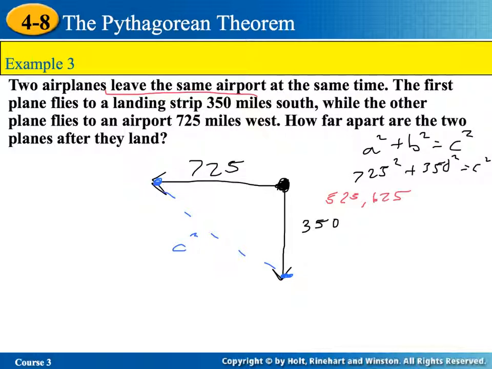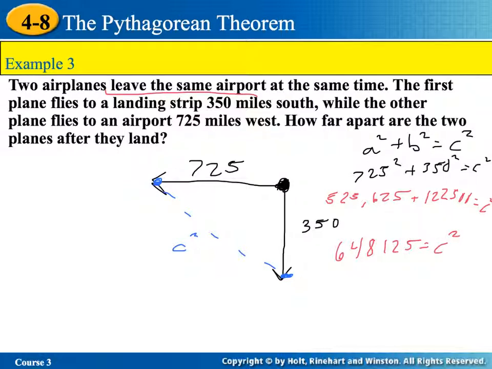Then, do you know what 350 squared is off the top of your head? 122,500 equals c squared. Okay? Add those two together. When you add 525,625 to 122,500, you get 648,125 equals c squared.